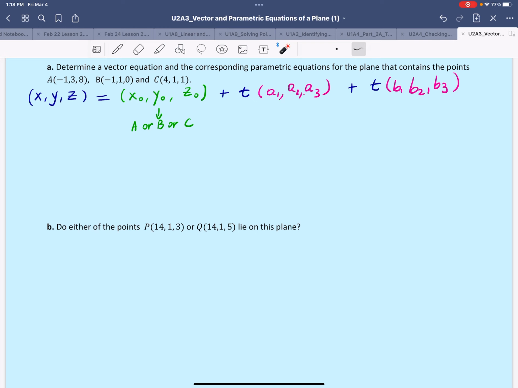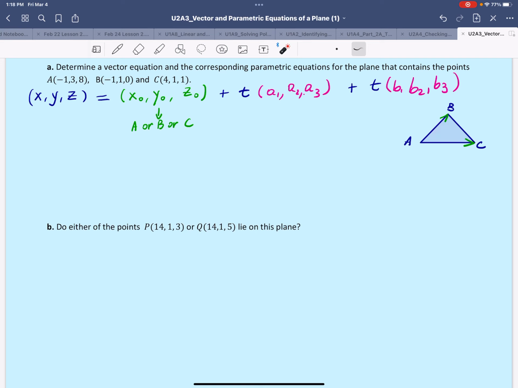Now remember direction vectors, if we have some triangle ABC that lies on a plane, can be considered, for example, these two. So I'm going to call them A, B, and C. We can create different pairs of direction vectors. We can choose AB and AC. We can choose BC and BA.